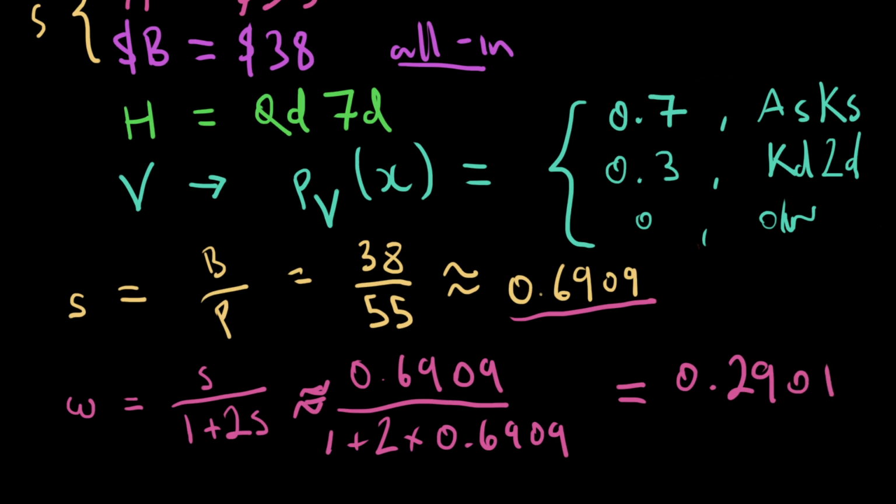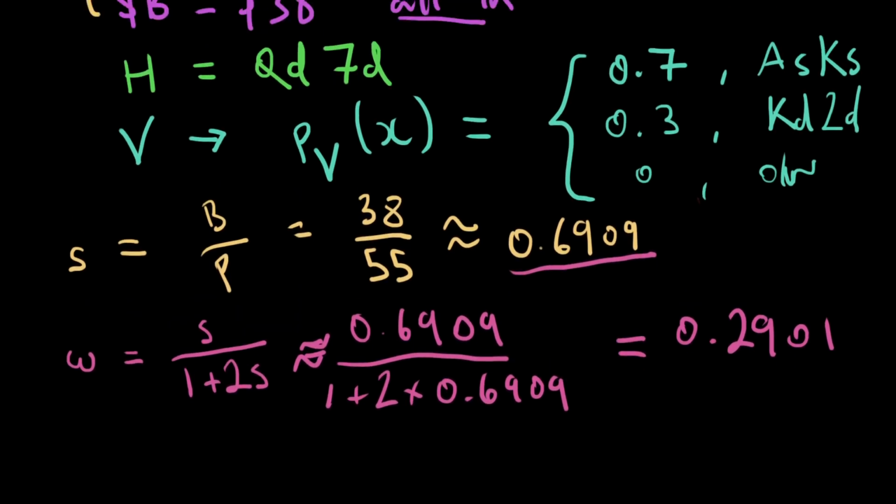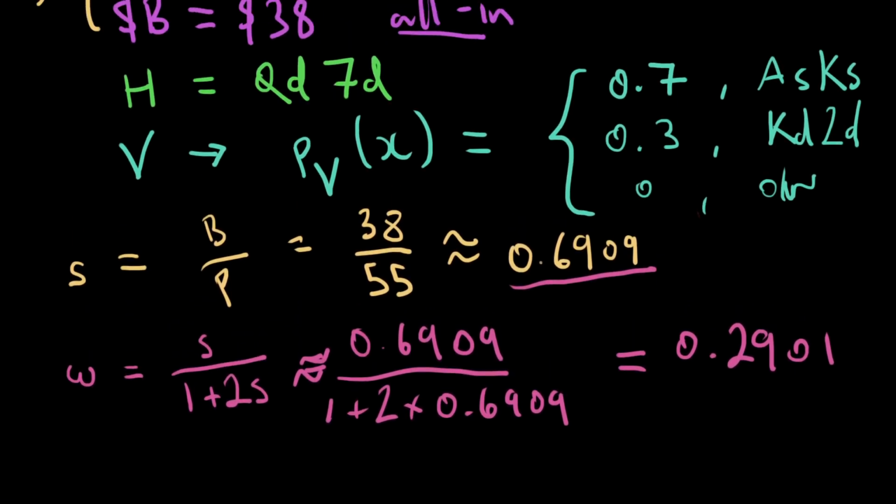Okay, so we've got our relative bet size, and then we use that to calculate pot odds. Let's get some more space to do some work. The next step is that we need to figure out what our equity actually is.